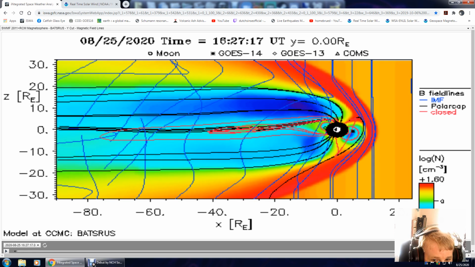Okay, now we've got strong polar cap roping. None of this should be here. This should not be here. This should not be here. The red closed field line should not be here. All this IMF up front should not be here. This should be pretty straightforward. Nine lines up and down plus the sun, and all the polar cap lines should just be fairly normal.